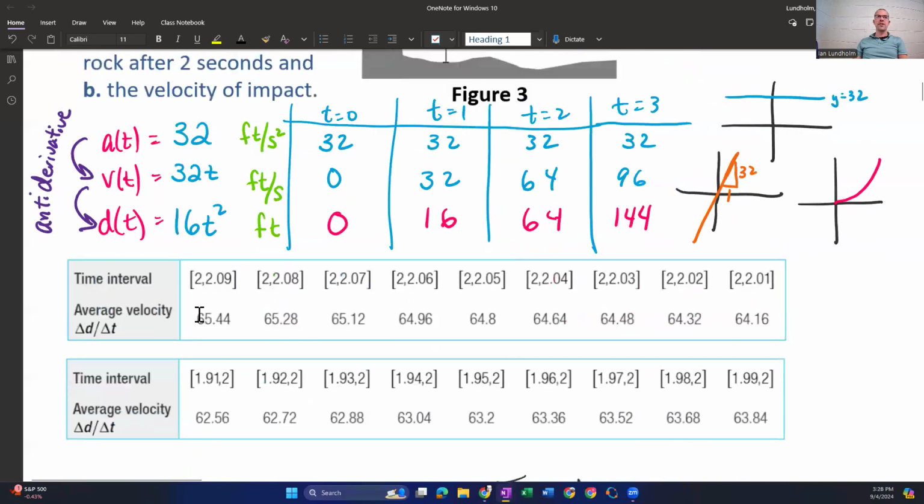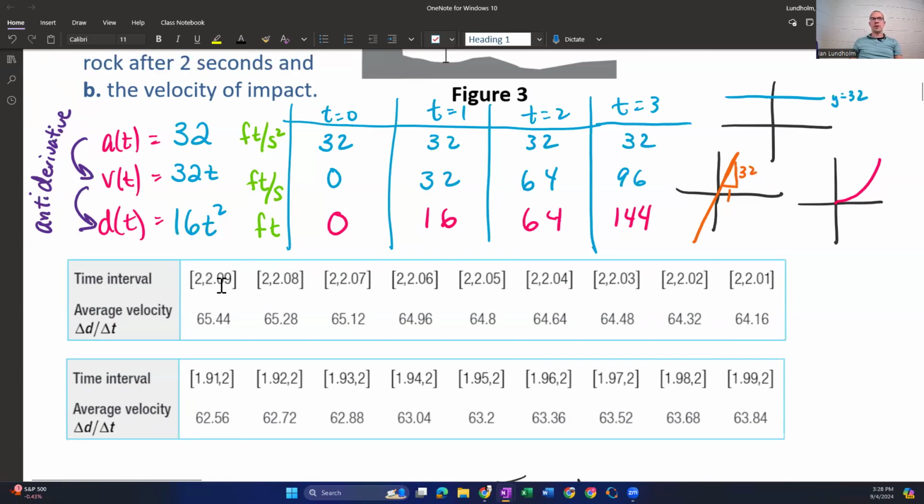Here are some tables from our book, and these are some things that if you wanted to just punch numbers into a calculator or write out numbers with your hands, this is what it might look like to get closer and closer to the point 2 in terms of our time value. Here, we're looking at the time interval from 2 to 2.09.